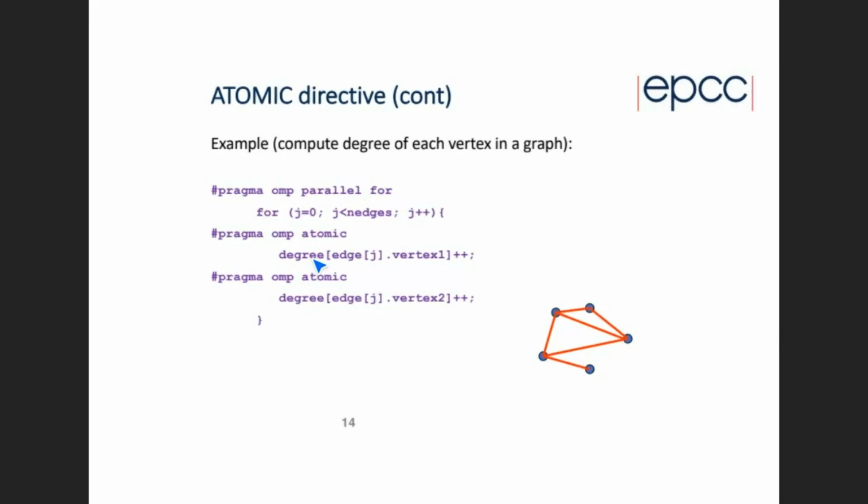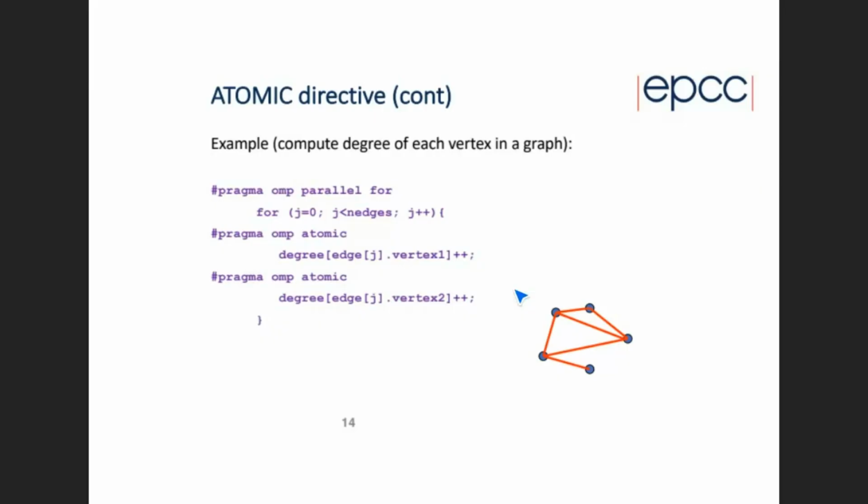Okay. So there is a potential race condition there I have to protect myself against, and a way to do that would be to use atomic here. Okay, to say that these updates are atomic updates, so only 1 thread at a time is allowed to modify this memory location, which is effectively on the left-hand side of the statement.